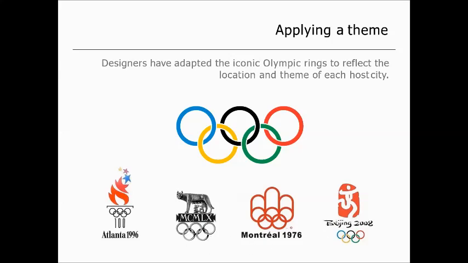For example, here, the logo of the Olympics is in Beijing. Of course, it's in China. Therefore, it represents somewhat Chinese fonts, and then karate, which represents a popular sport in China.